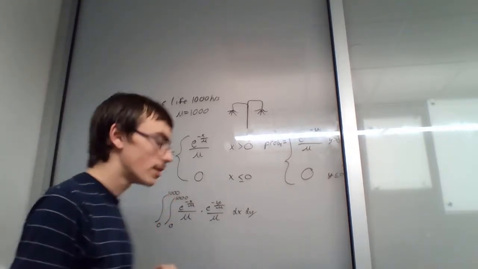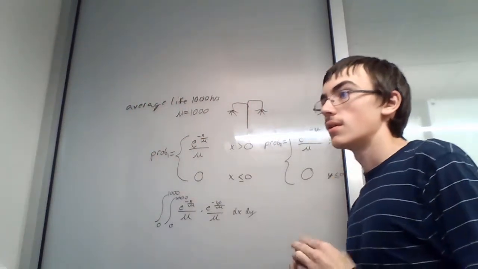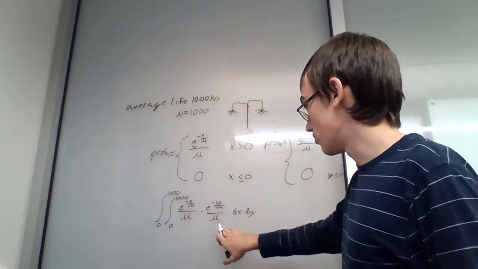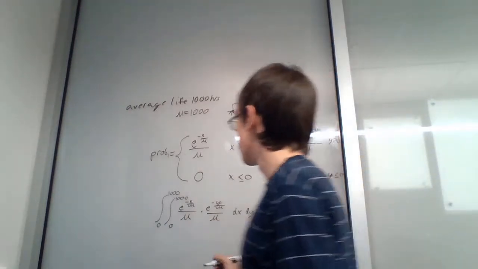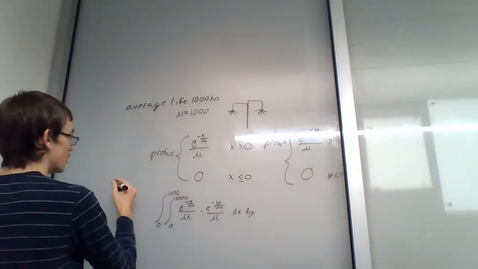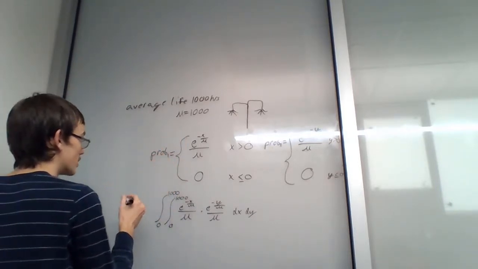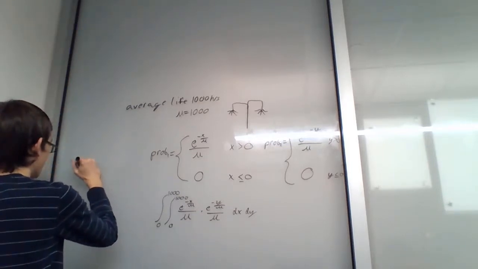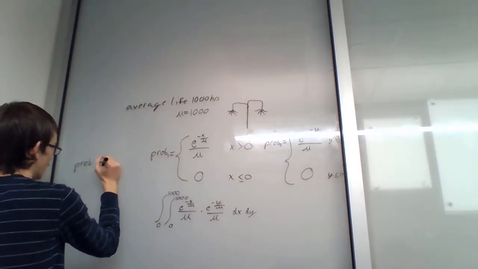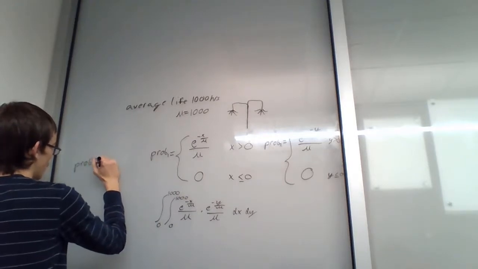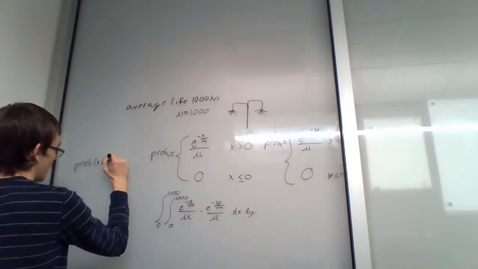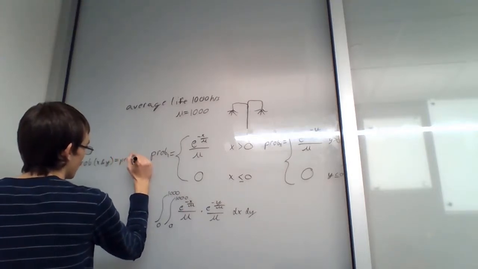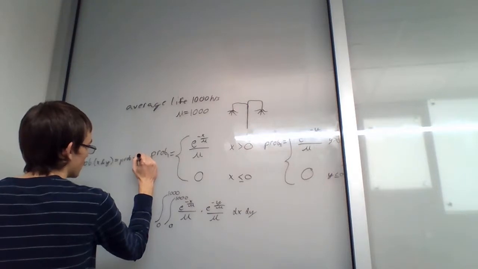So we do this multiplication here because, assuming these are independent variables, which they are, the probability of both x and y is equal to the probability of x times the probability of y.